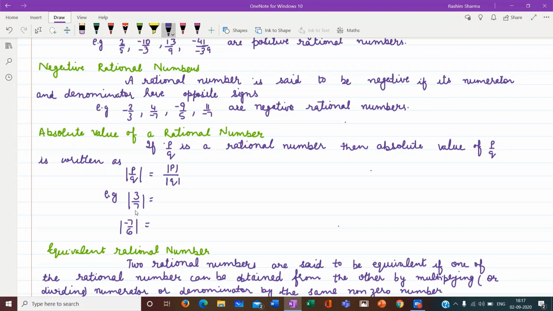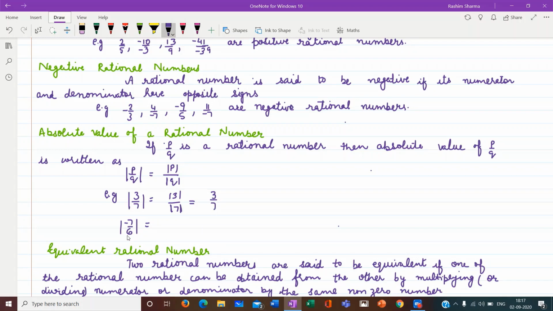Let us take this example, 3 upon 7. Its absolute value will be equal to the absolute value of 3 upon the absolute value of 7. We know absolute value means always a positive value, so it will be 3 upon 7.